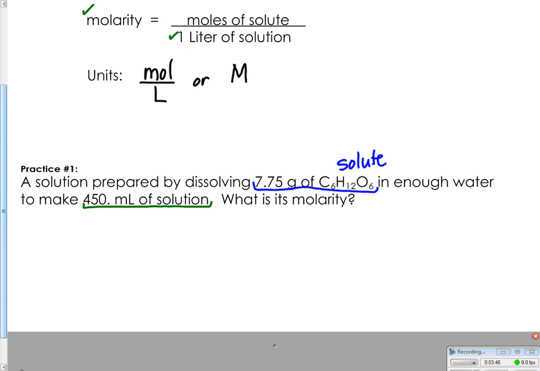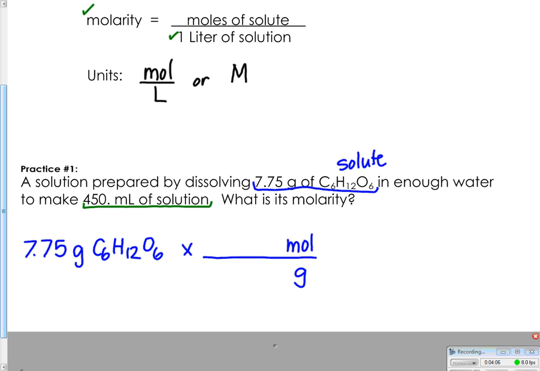Now, you're going to have to make some changes, because the formula doesn't ask for grams of the solute, it asks for moles of the solute. So we're going to change our grams of solute into moles. You should all know how to do this by this point in the year. You add up from the periodic table all the individual molar masses of the carbons, the hydrogens, and the oxygens, and you should get 180.18.